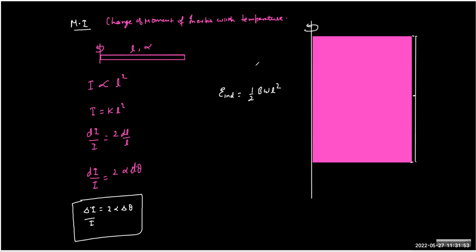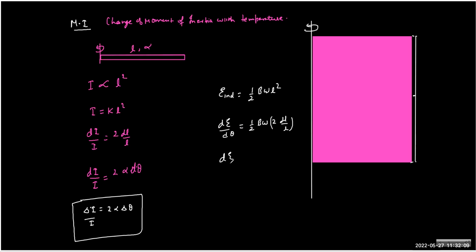Now if temperature is brought into the picture, the induced EMF will also change with temperature, because B will not change, omega will not change. Omega may change also, but let's say omega is constant. Then this becomes dL by dθ.